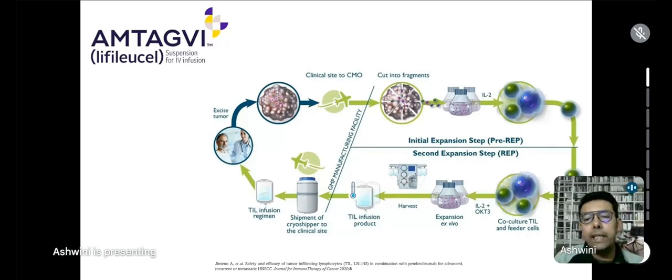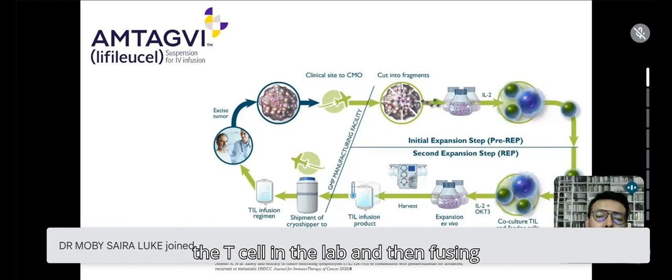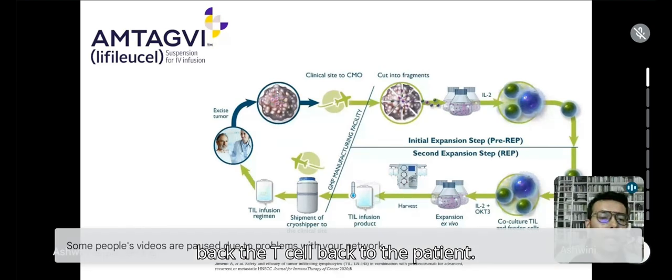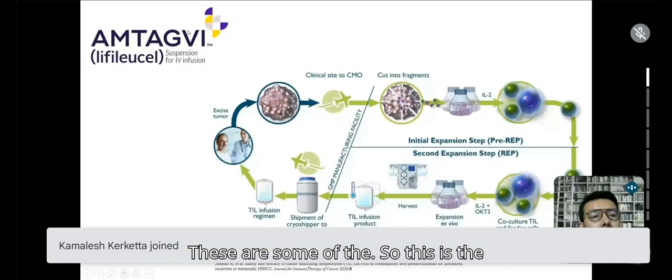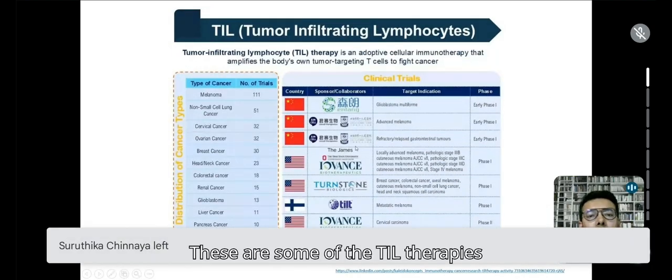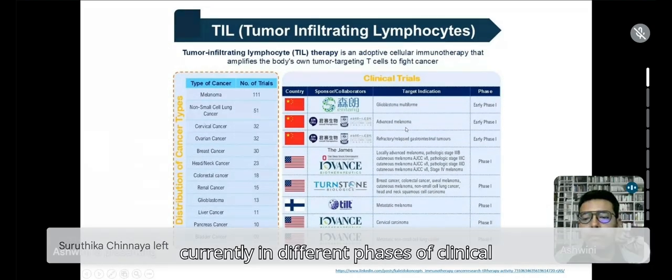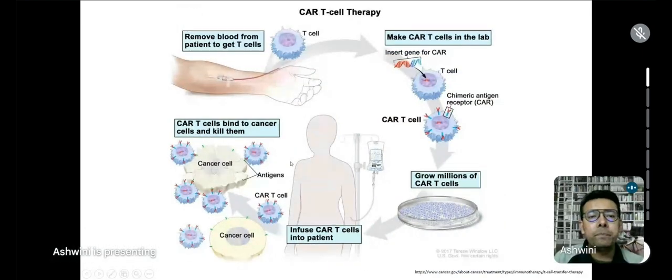We are just enhancing the proliferation capacity of the T cell in the lab and then infusing it back to the patient. So this is the first TIL therapy approved by the FDA. These are some of the TIL therapies currently in different phases of clinical trials against different types of cancer.